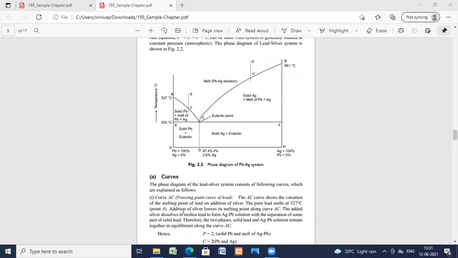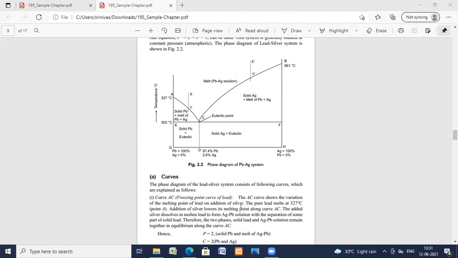AC curve shows variation of melting point of lead on addition of silver. You are adding silver and the lead is getting freezed out. AC, the freezing point curve of lead.